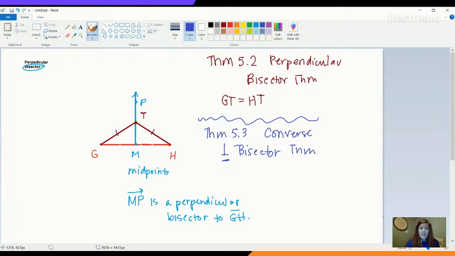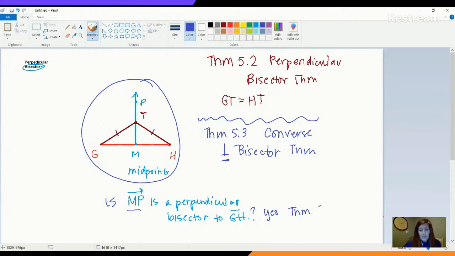So the converse would say, if these two segments are equidistant, then MP is a perpendicular bisector. So it just flips that theorem and basically allows us to figure out if something is a perpendicular bisector or is not. So if I showed you this picture and I said, is MP a perpendicular bisector to GH? You would say, well, based off this picture, because GT is equidistant with HT, then yes, it is the perpendicular bisector because of theorem 5.3, the converse.